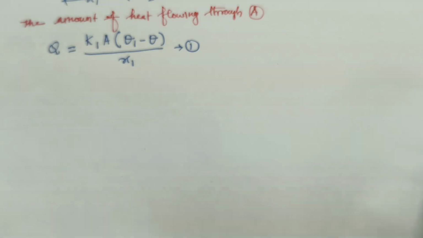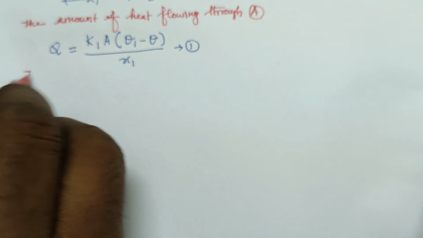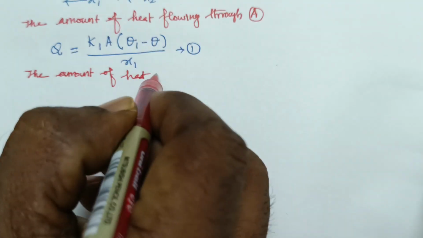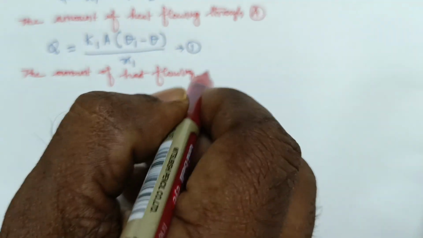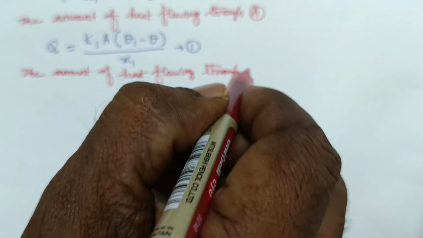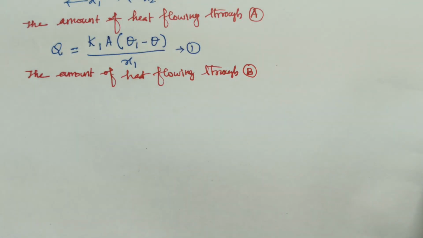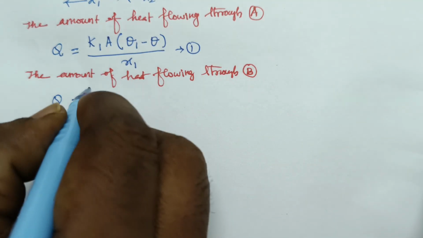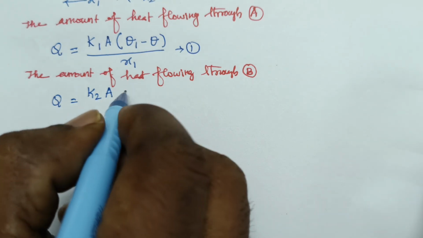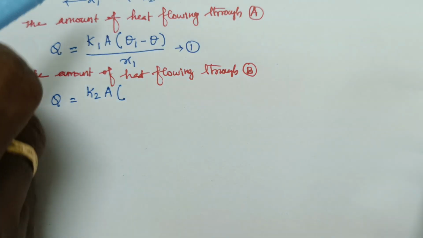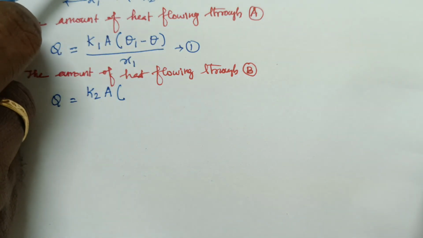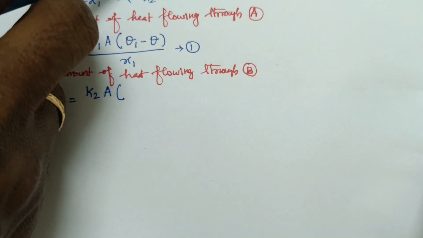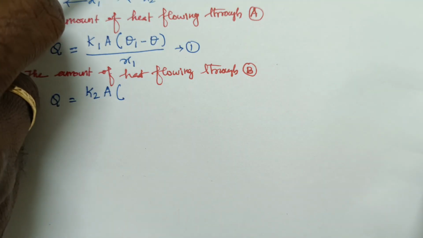Now the amount of heat flowing through material B. We already know from this equation that you can write Q is equal to K2 A into the temperature difference for heat flowing from A to B. Here the temperature of the interface is theta, and then theta 2, so the heat flows from theta to theta 2.